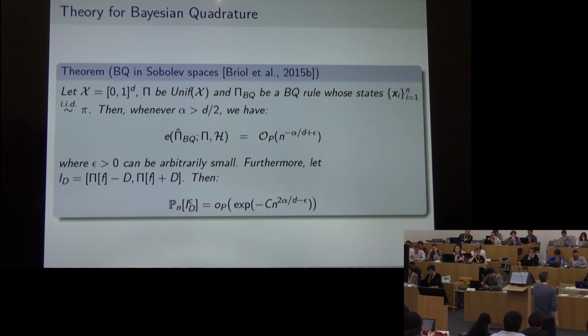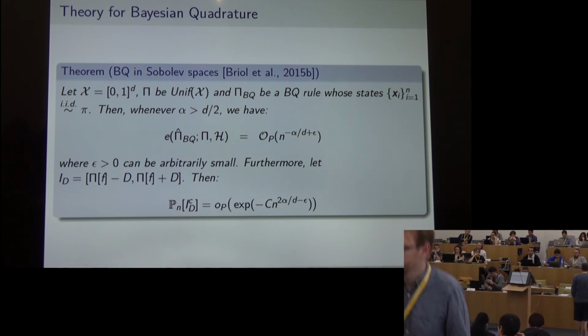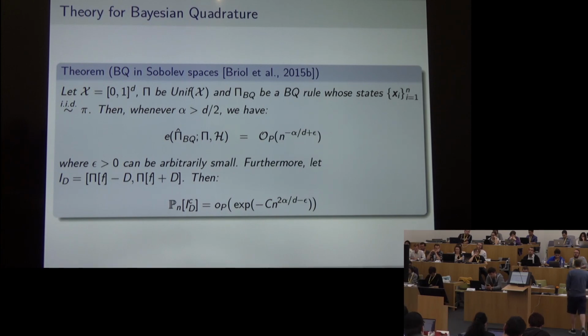So let's just take a one-dimensional integral, just for the time being. Then we can see that the rate of convergence of the error will increase as the smoothness of the integrand increases. And this is one of the insights that we never really got from the machine learning literature.